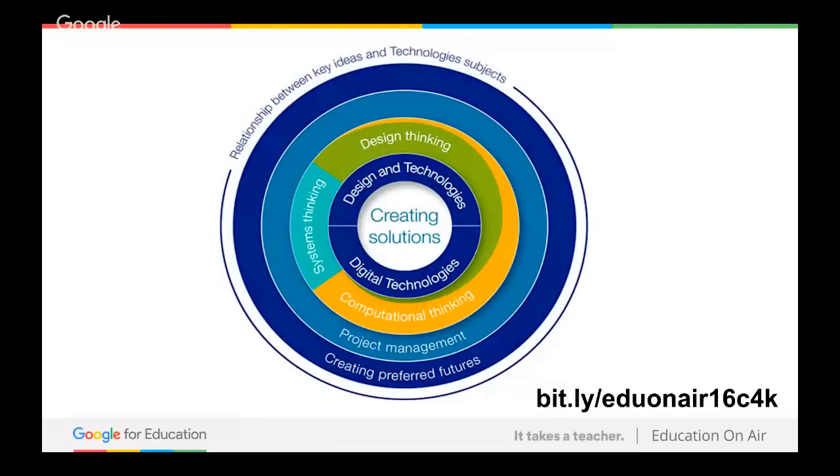And within that, we have sitting around that, the computational thinking and design thinking sort of overlapped in those areas, with computational thinking sitting more in the digital technologies area. And systems thinking really encompasses both of those things as well. And we can see that, this can lead into project management and creating preferred careers.